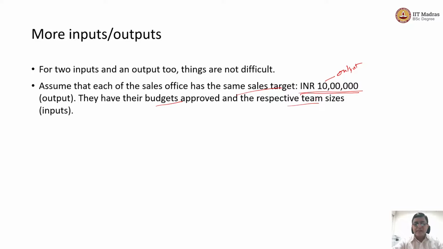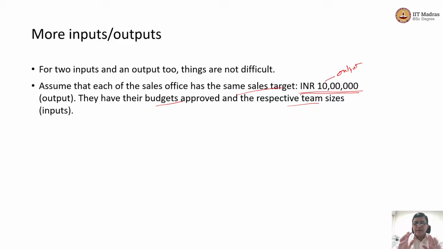I'm using the sales team and marketing team interchangeably, but we do understand that if you are really trying to achieve sales targets, you would need a very strong, very aggressive sales team, and definitely very effective marketing efforts also. But let us now not worry about the differentiation between a sales team and a marketing team.